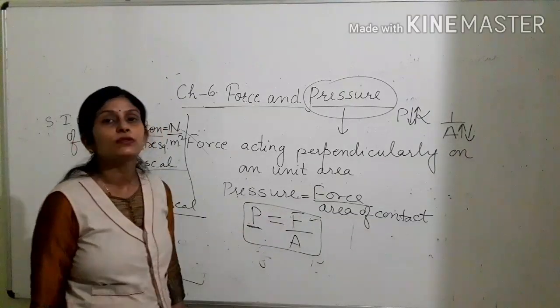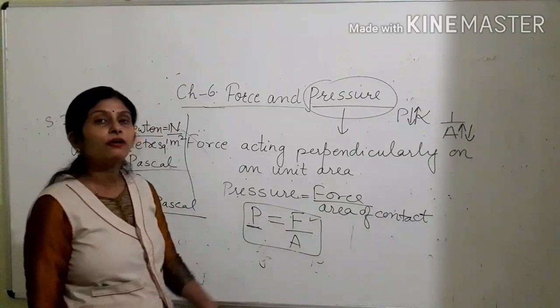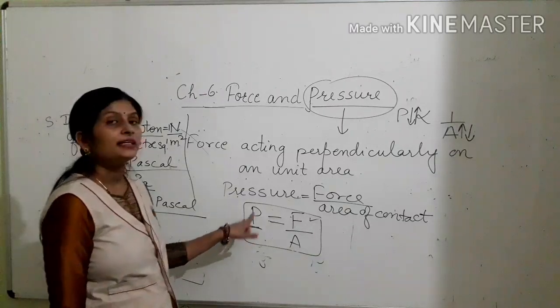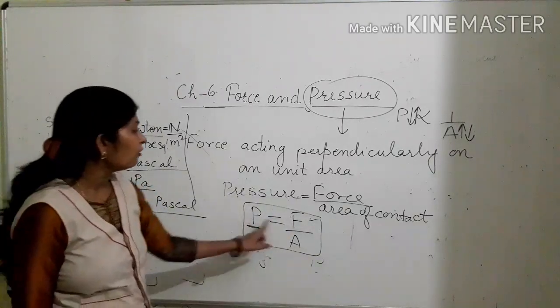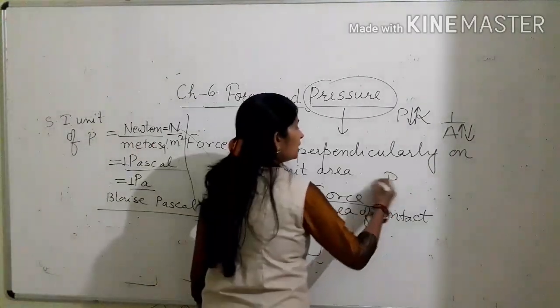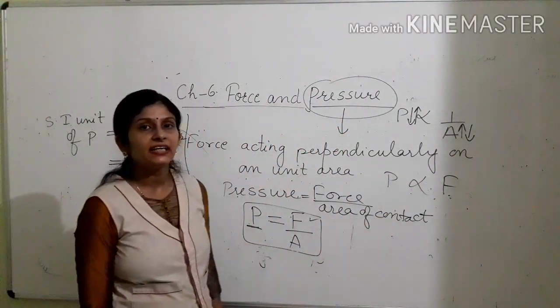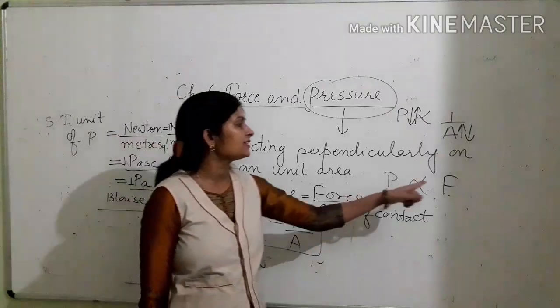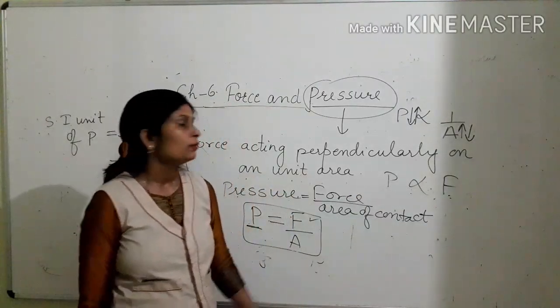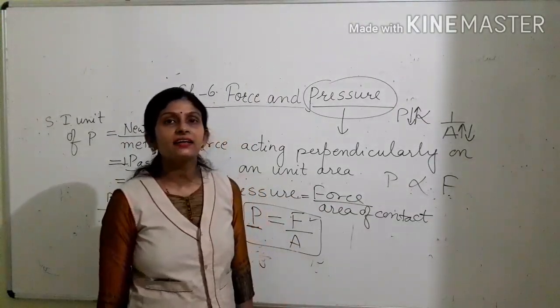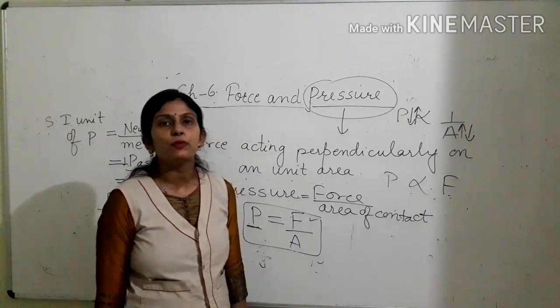It will depend on force. And how will it depend on force? It is directly proportional to the force. Means it depends on force directly. So I can write pressure is directly proportional to the force. Both have direct dependence, direct proportionality.